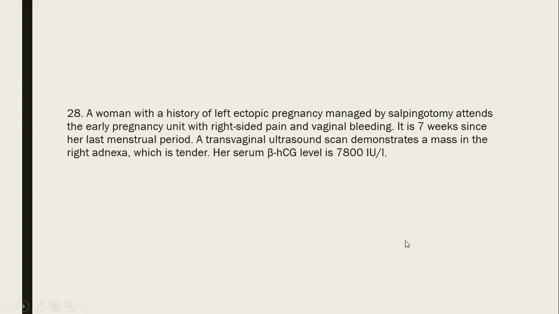A woman with a history of left ectopic, managed by salpingotomy, attends the early pregnancy unit with right-sided pain and vaginal bleeding. It is 7 weeks since her last menstrual period. Transvaginal ultrasound scan demonstrates a tender mass in the right adnexa. Her serum beta HCG level is 7,800. So she has a tubal ectopic with beta HCG above 5,000. So what will we do? Surgical management by laparoscopy.